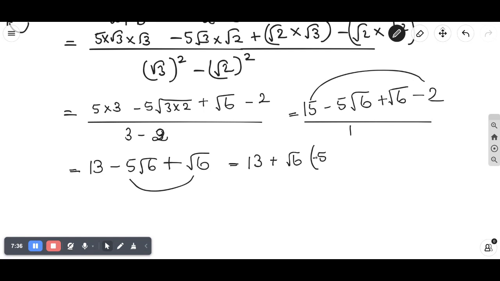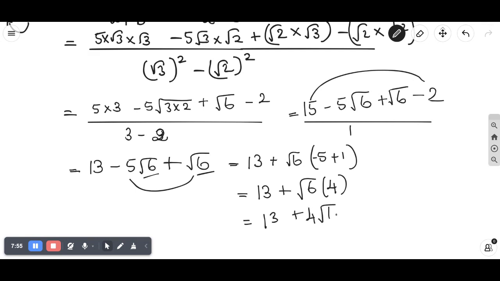Take your minus also inside, minus 5 plus 1. You understand what I did here? I have taken the common terms here. And then this will be 13 plus root 6 into what is 5 minus 1? 4. So finally, what you can write is 13 plus 4 root 6. So this is your answer.